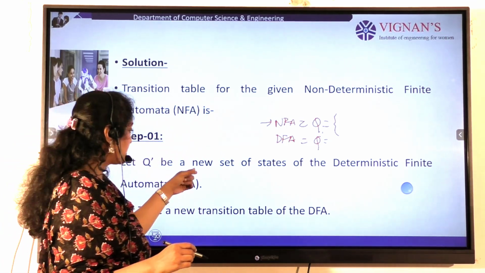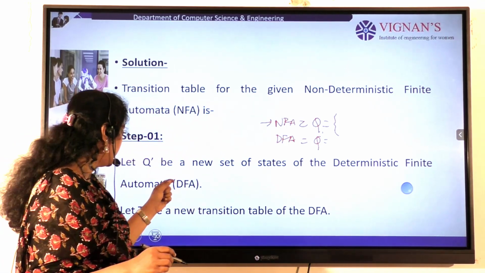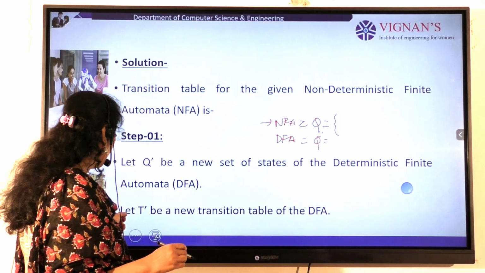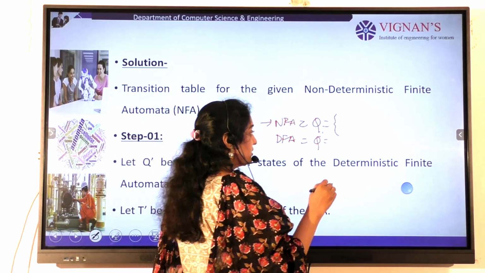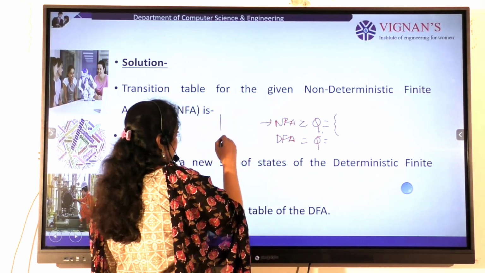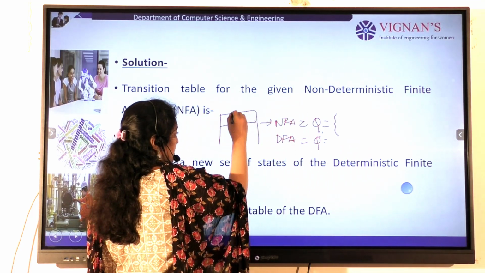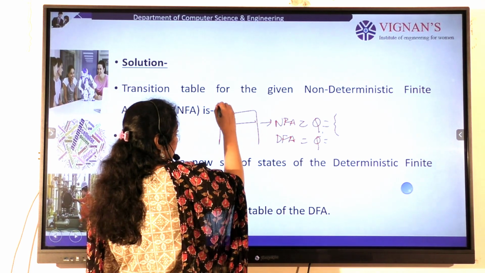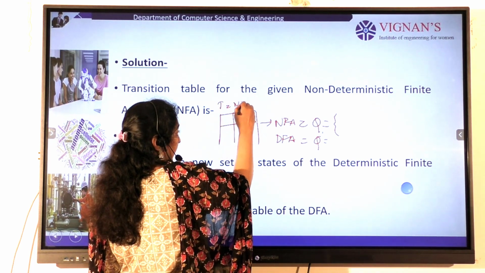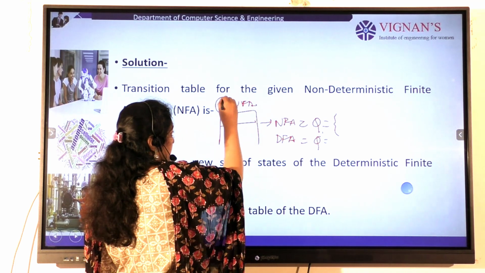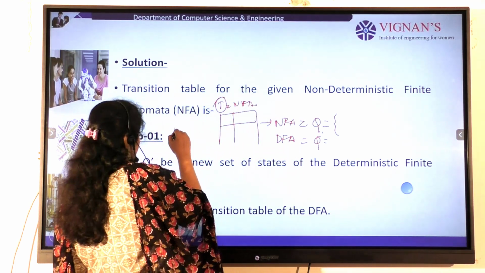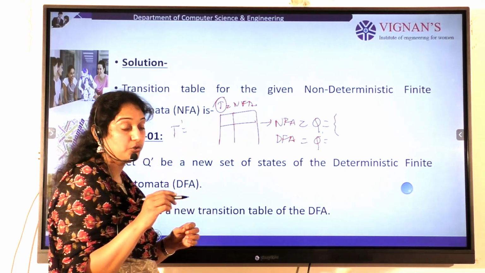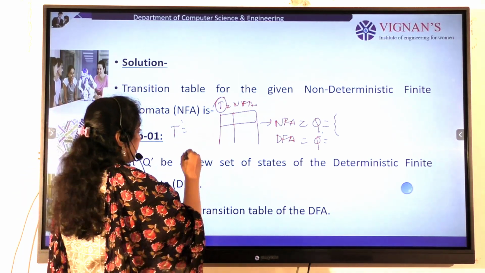Let Q dash be a new set of states of the deterministic finite automata and T dash be the transition table for the DFA. From the given question, first we need to construct a transition table. The NFA transition table is represented by T, but here we consider T dash as the new transition table for the DFA.